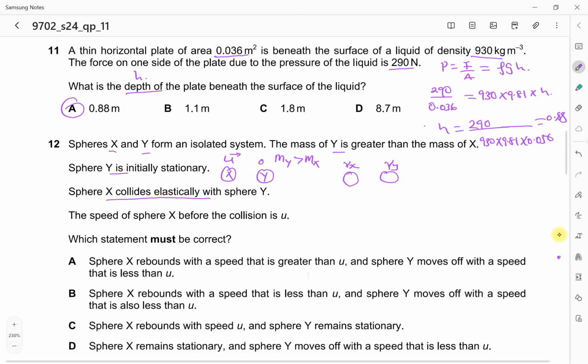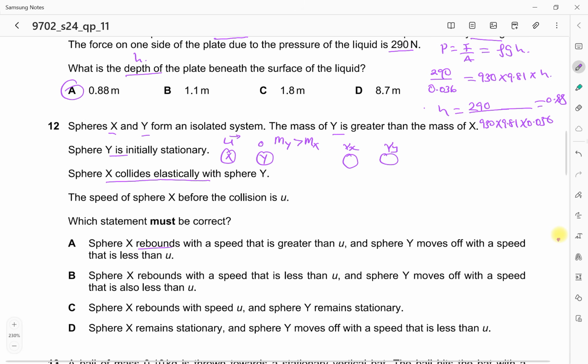The first one says sphere X rebounds with a speed that is greater than u. So let's assume it rebounds. Is the speed greater than u? Because all of them have rebounds, that means Vx is going to be in the opposite direction. Speeds to the right are positive, speeds to the left are negative. So Vx is negative.